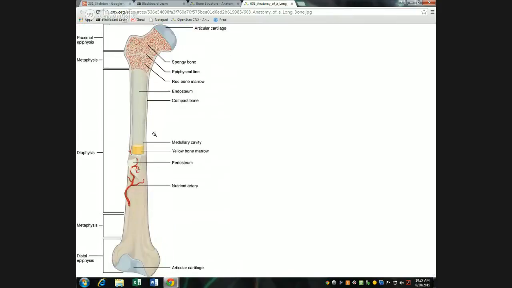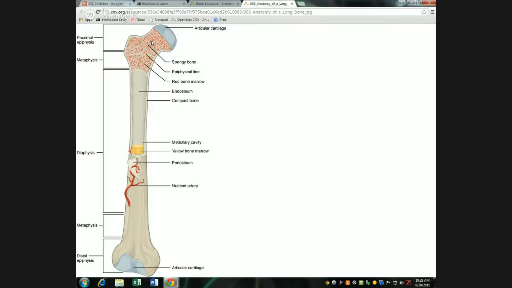Now, we always look at the bone structure with the long bone as an example because they have the most particular regions, the epiphyses and diaphyses. All other bones are essentially what we see in the epiphysis of a long bone. Now, we don't call them epiphyses, they're just bones, but they have a thin, compact bone outer shell, making them smooth on the outside, and the inside is pretty much all spongy bone.